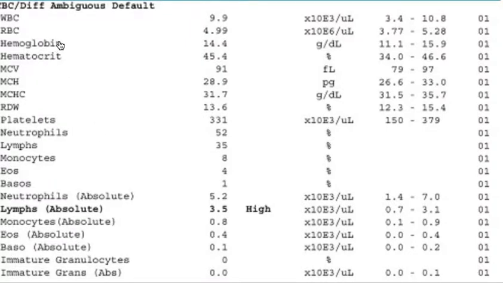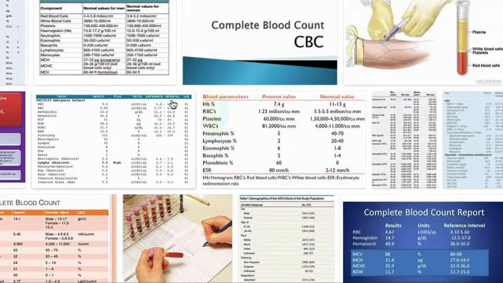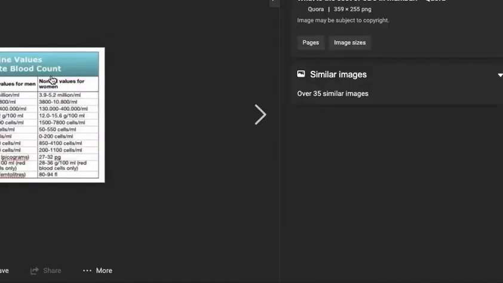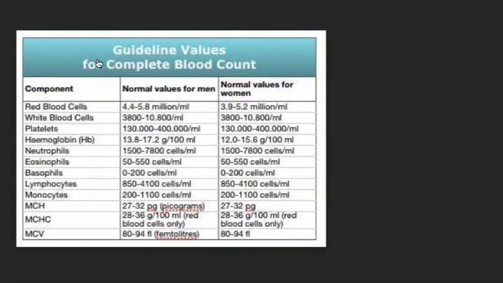So you had CBC results in front of you, and here you will find, for example, the HB is more or the RBCs are more. Then we see something called packed cell volume. To show you some other report, this one is the guideline value for complete blood count, right?